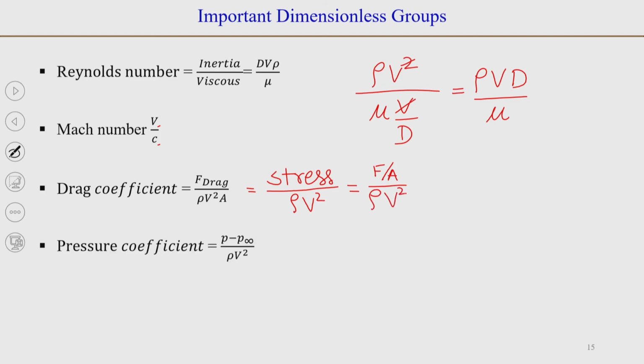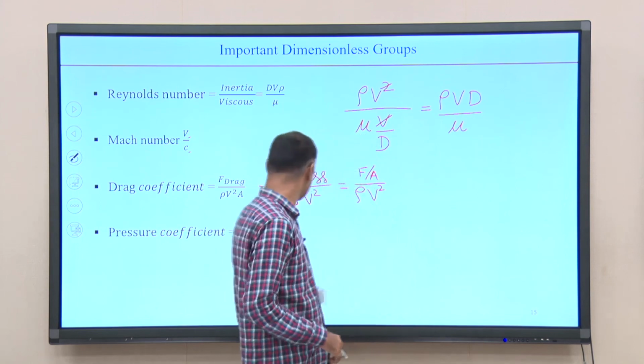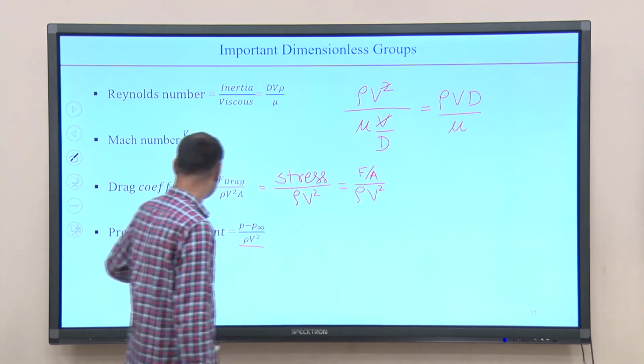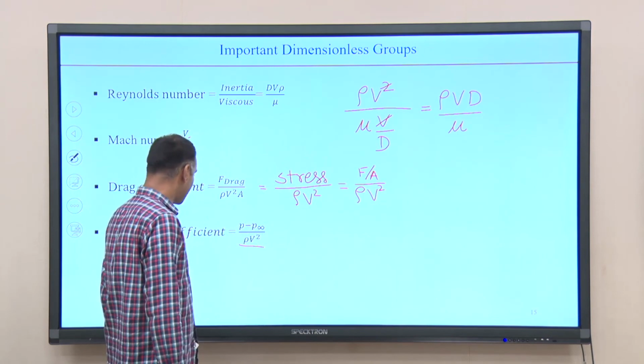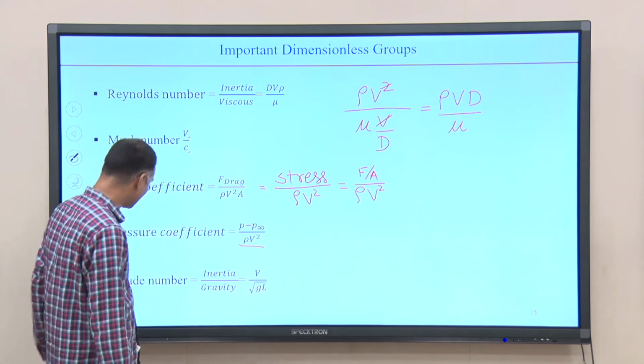Pressure coefficient, in some cases you might want to write pressure in dimensionless form. So, use the same principle. When you are non-dimensionalizing pressure, in most of the cases where inertia is important, then you will non-dimensionalize pressure, P minus P infinity, divided by rho v squared. If it is low Reynolds number flow, then you might want to non-dimensionalize pressure with the viscous stresses, but very often the term pressure coefficient is used in aerodynamics. Froude number is the ratio of inertia and gravity.